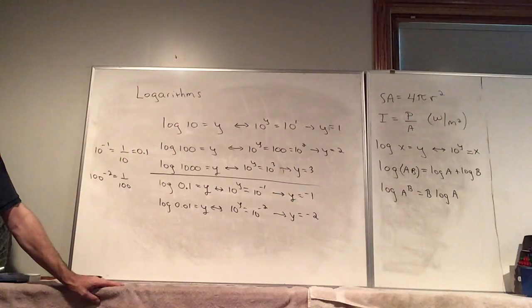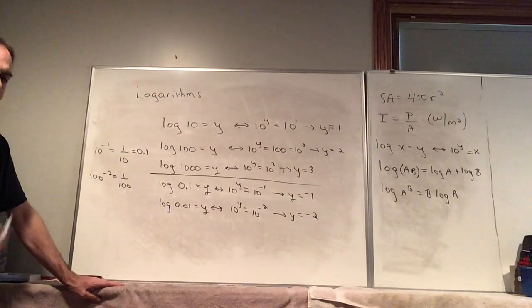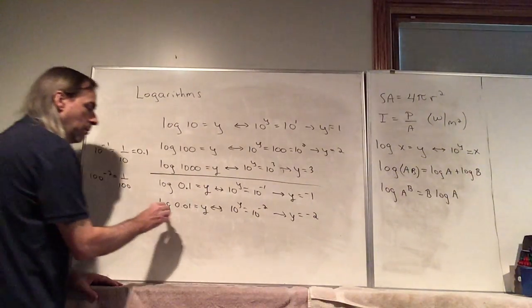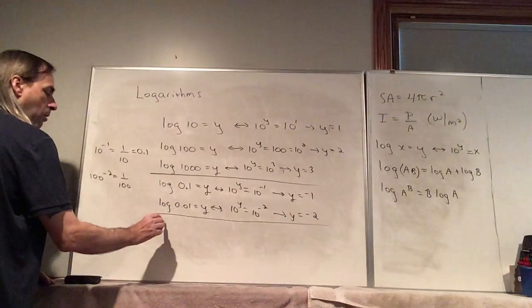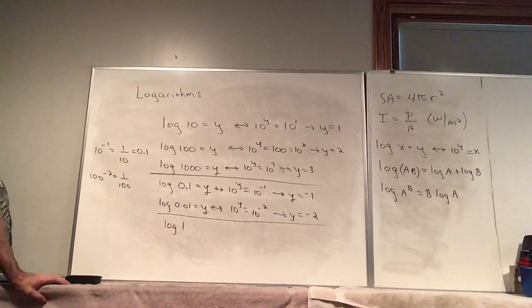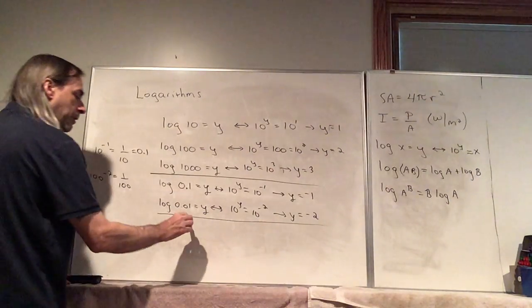And one thing we left out, we're just dealing with integers right now. The one thing we left out is 0. What about log of 10 to the 0th power? Well, 10 to the 0th power is 1. So logarithm of 1 equals y.